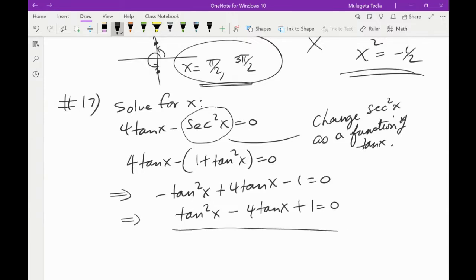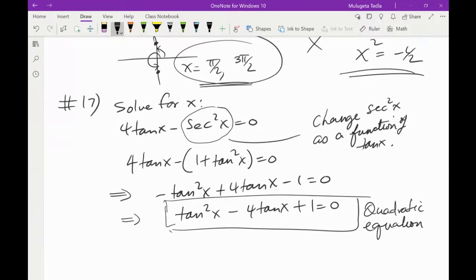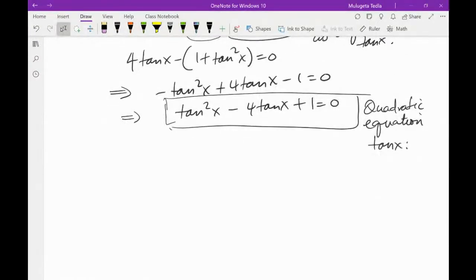For me, this is a quadratic equation. Quadratic equation of what? Of x? No, a quadratic equation of tan x. In other words, what I'm saying is y squared minus 4y plus 1 equals 0, if y equals tan x.